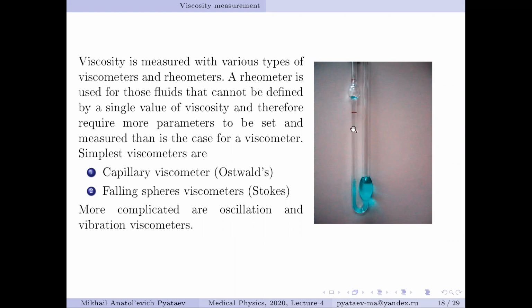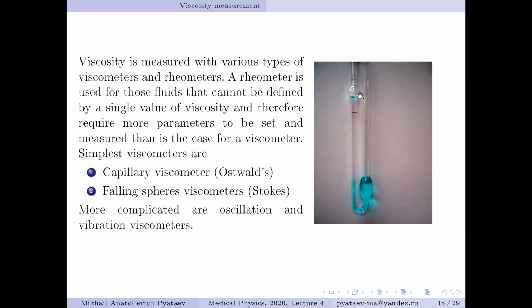easy to directly calculate viscosity from the time, because during the flow of liquid, its level changes, and that's why the pressure changes, because pressure, according to the laws of liquid dynamics, is equal to rho gh.